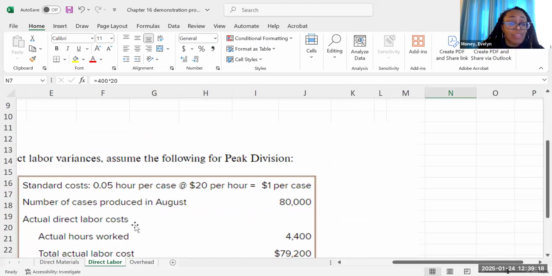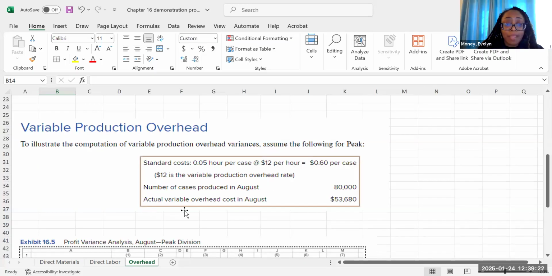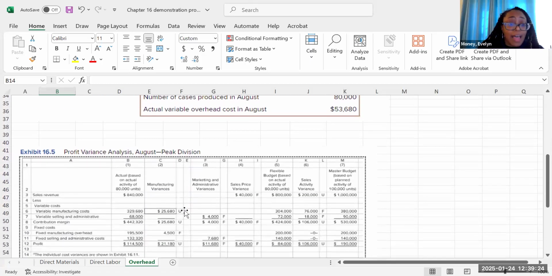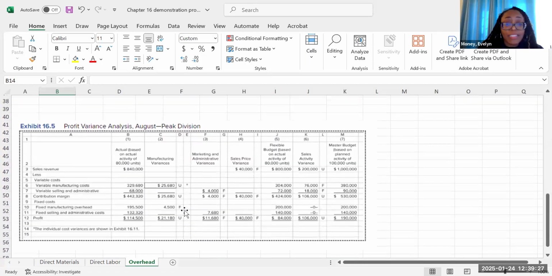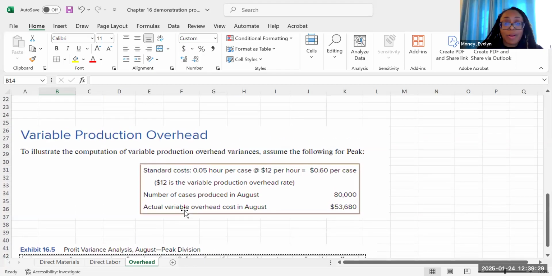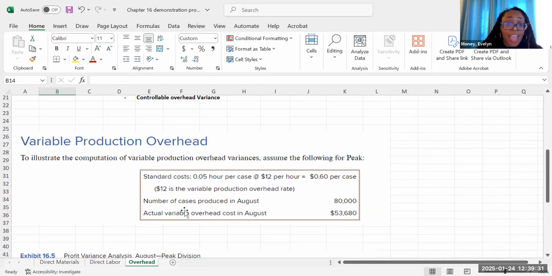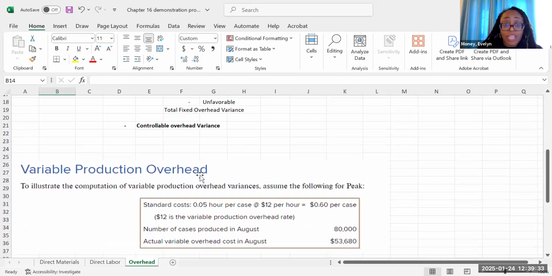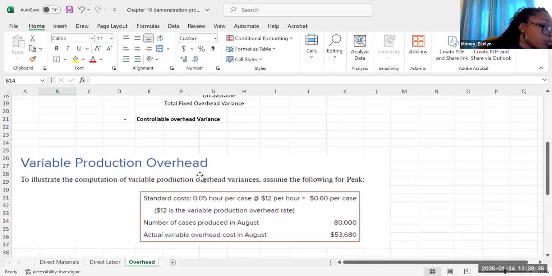It's the same as direct labor hours. So the way we apply our overhead is on the basis of direct labor hours. So we actually have the actual number of direct labor hours that were worked, or can work backwards to find it by looking at the previous problem.